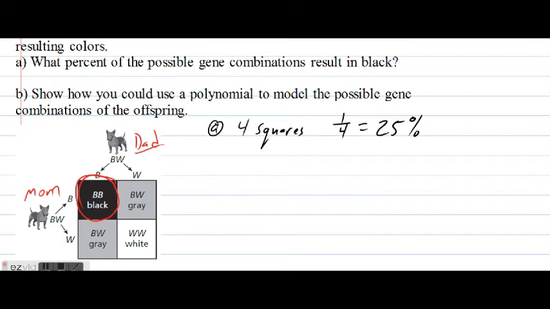Alright, part B. Show how you could use a polynomial to model the possible gene combinations of the offspring.